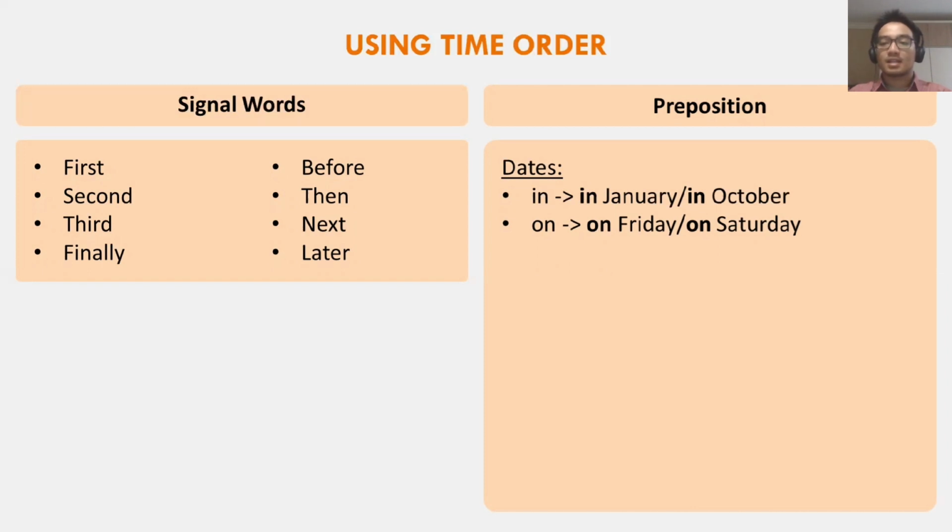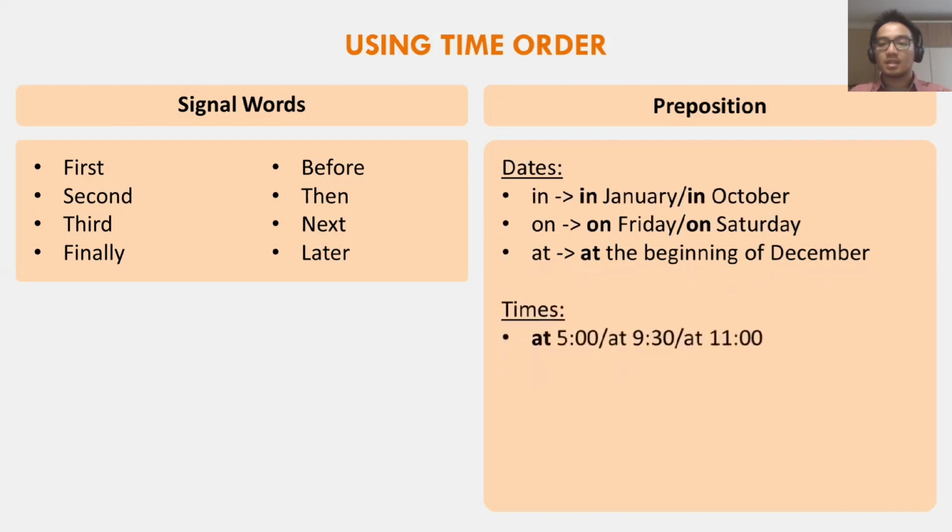And then we could use at the beginning of December, at the beginning of the year, at the end of the year. For showing times, we could use the preposition at, but here the usage is different. At is used to show a specific time, as you can see on your screen: at 5, at 9:30, at 11, at 12, at 7:30.